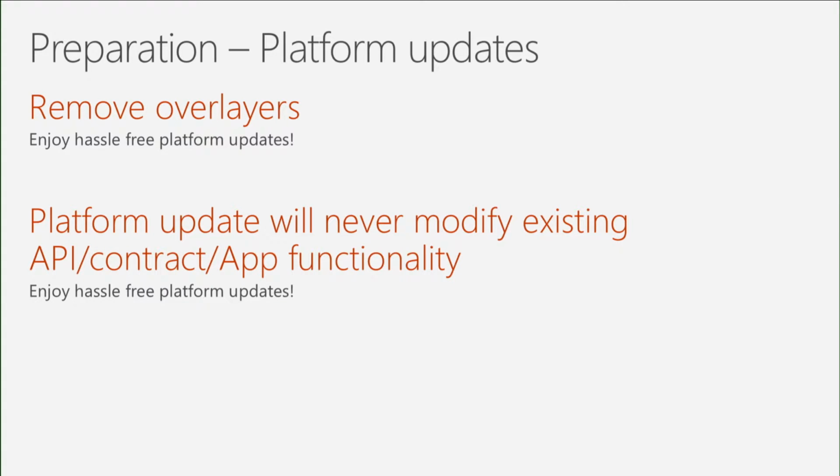We want to know about those things. If you find yourself in that position and you've challenged the requirement and you still have a need to overlay it, we really want to know. We genuinely want to know. We want to try and have the right extensibility points so that we can enable people not to have to overlay it and to be able to take platform updates whenever they want without having to worry about that stuff. When I say we want to know, that means logging it through support, telling them you have an extensibility requirement that the system doesn't do.